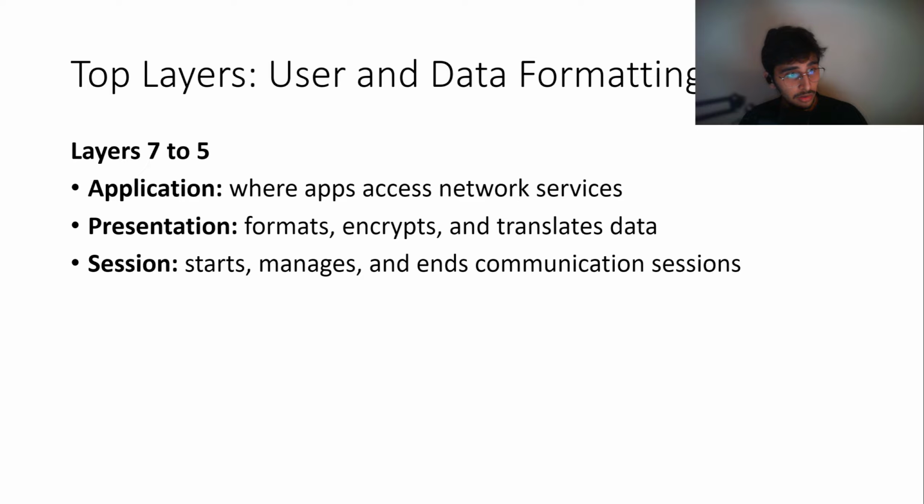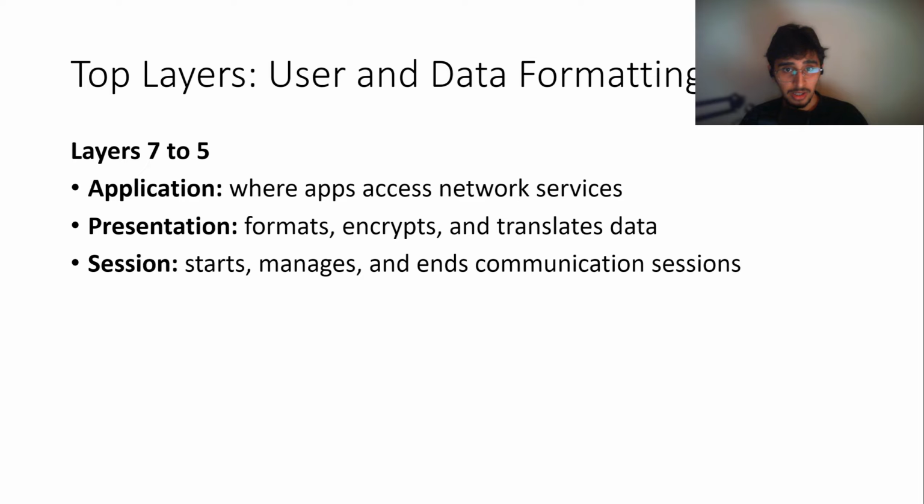Top layers, the user and data formatting. So layers 7 to 5, the top 3 layers, are closer to the user and the application side of things. The application layer is where programs like browsers and email clients interact with the network services. The presentation layer handles things like formatting, translating, and encryption.